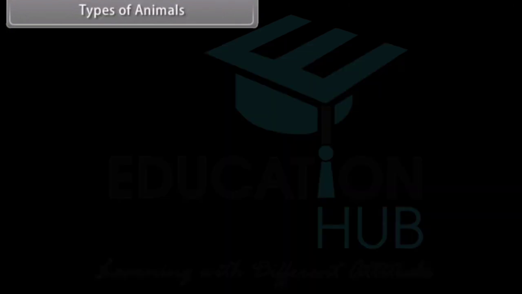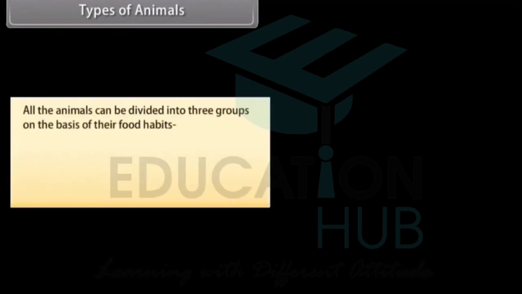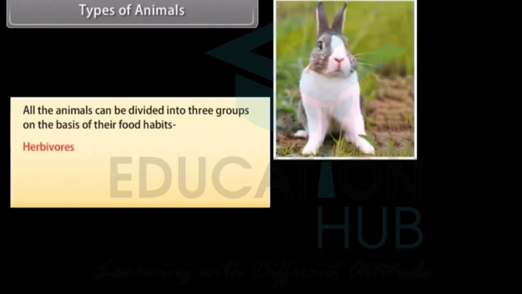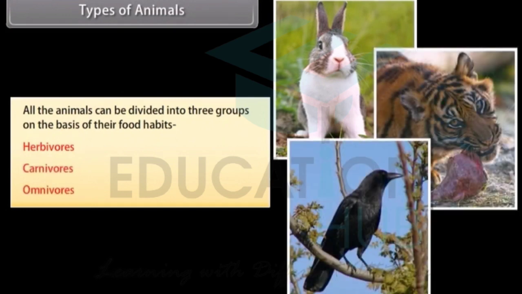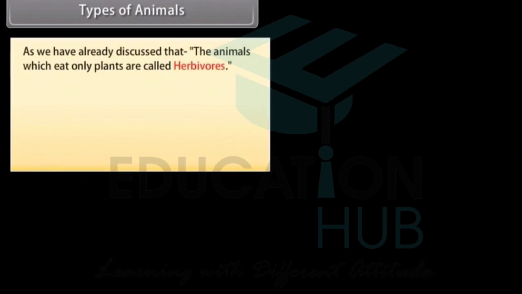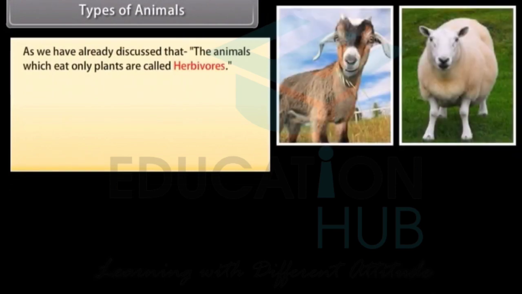Types of animals. All the animals can be divided into three groups on the basis of their food habits: herbivorous, carnivorous, omnivorous. As we have already discussed, the animals which eat only plants are called herbivorous.